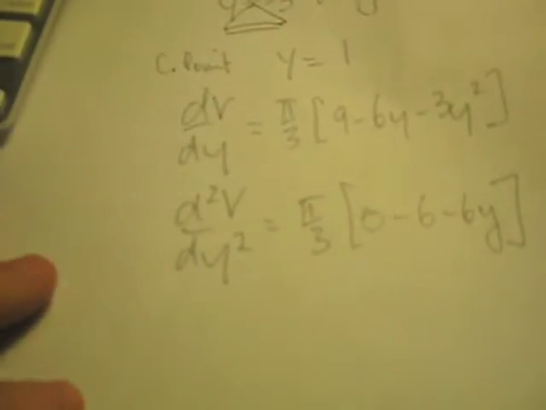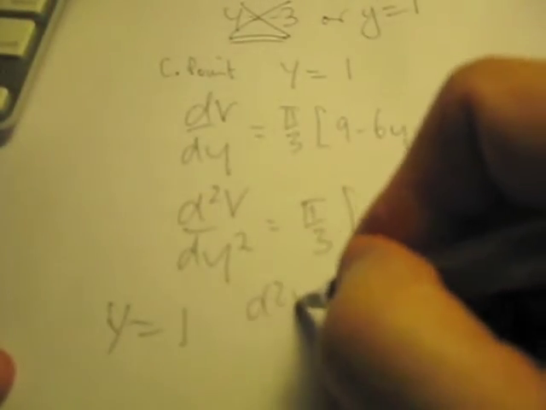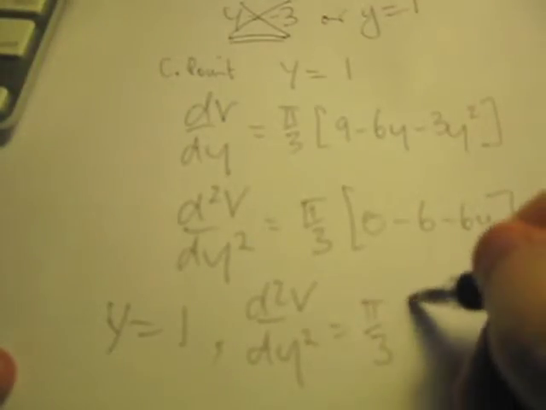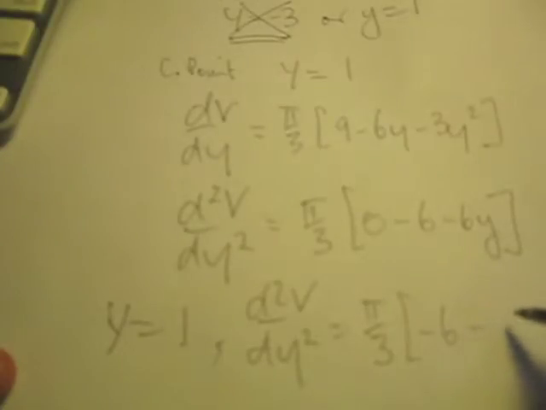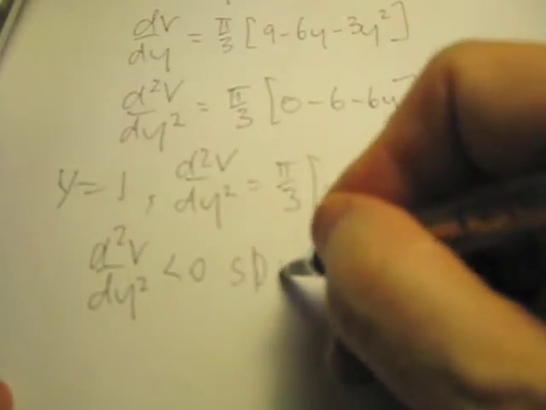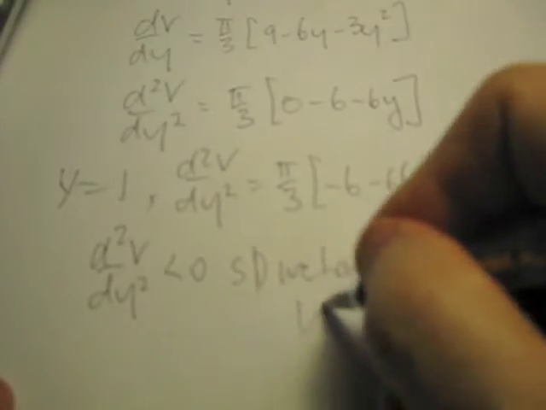Now when we test this, and this is the second derivative test, when y is equal to 1, we have d2V/dy squared is going to equal pi on 3 times negative 6 subtract 6 by 1, so it's clearly going to be negative. So since we have the second derivative negative, then d2V/dy squared is less than 0, so we have a maximum at y equals 1.